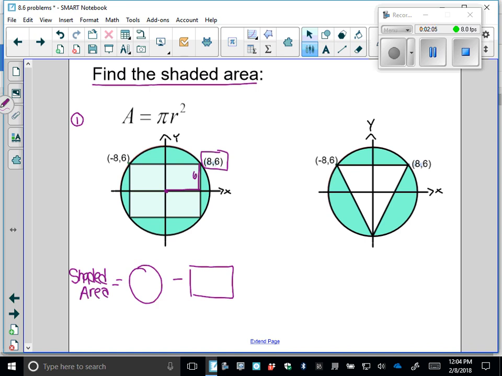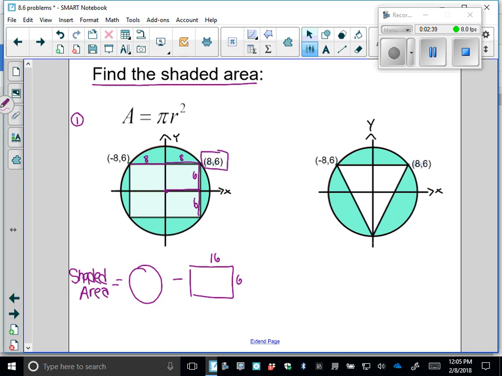And since the circle is circumscribed about the rectangle, there's some symmetry in the picture, so we also know that this is 6. And that would tell us the value here is 6. And similarly, this is 8. And this is 8. So this is 16.